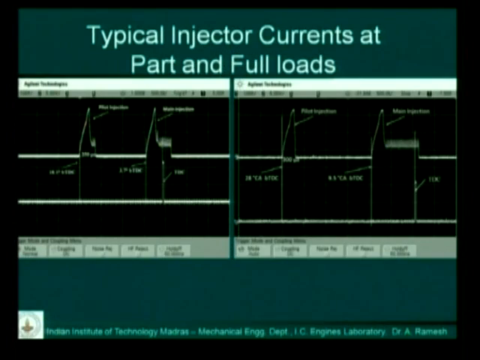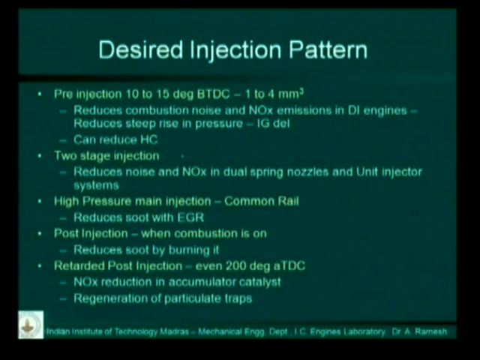How the injector current looks: typical injector currents for part and full loads. This we have taken from a running engine in the laboratory. You can see how the injector current is on this side. There is a rise in current, fall, and then a small step like this. Sudden rise, fall, and then like this. This is the current that is applied on the solenoid.